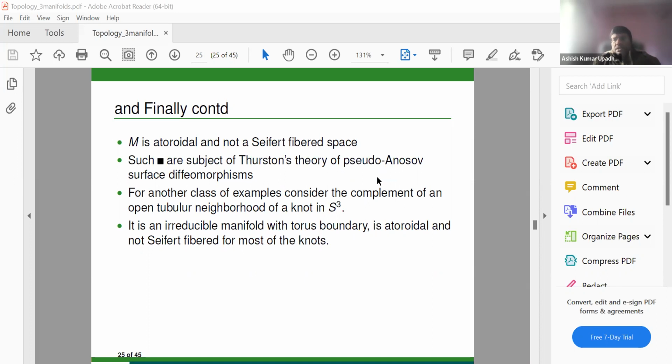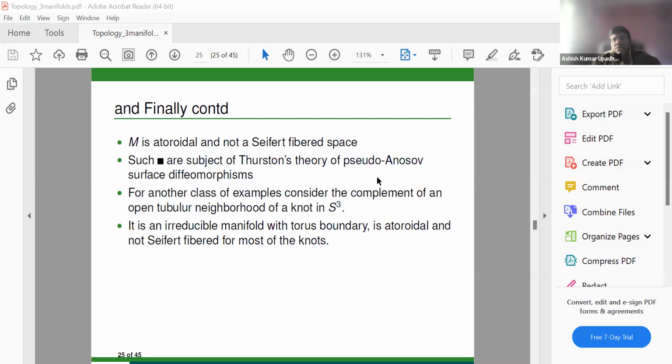For that, we looked into simpler substructures in three manifolds. Simpler substructures will be submanifolds of dimension 2 and dimension 1. Dimension 1 corresponds to knots, dimension 2 corresponds to spheres and tori and connected sums.